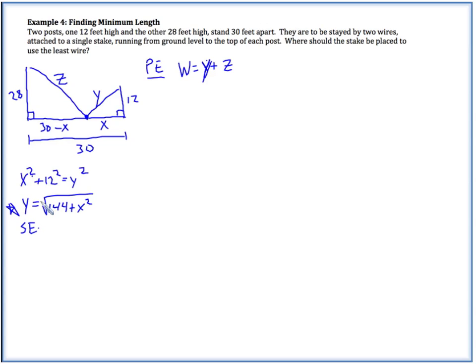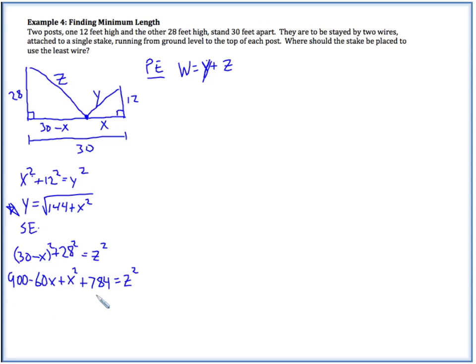And then we're also going to have to do one including z. So that's going to be over here. And so we get 30 minus x squared plus 28 squared equals z squared. And so let's go ahead and FOIL this. We get 900 minus 60x plus x squared, and then 28 squared is 784, and that's going to equal z squared.